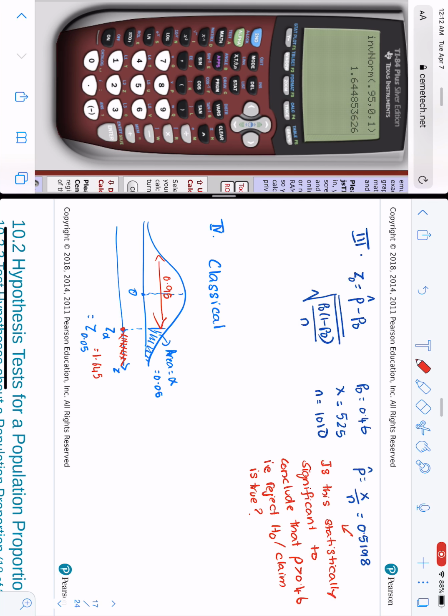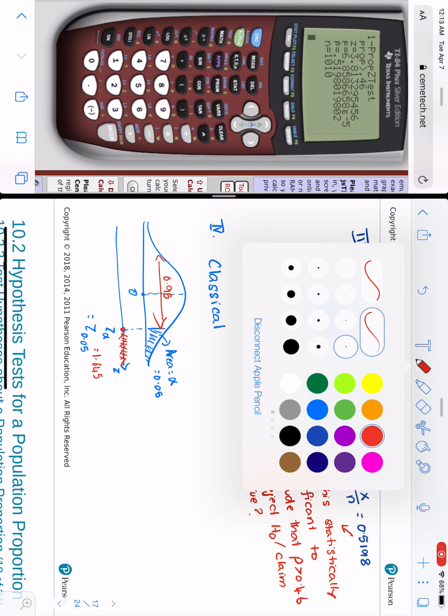So where does the test statistic fall? We have to go back to our test. And what values did we have?